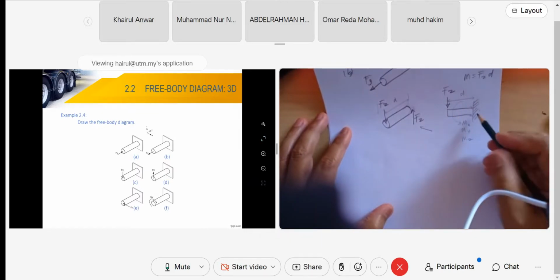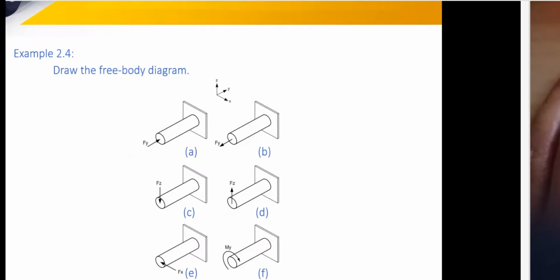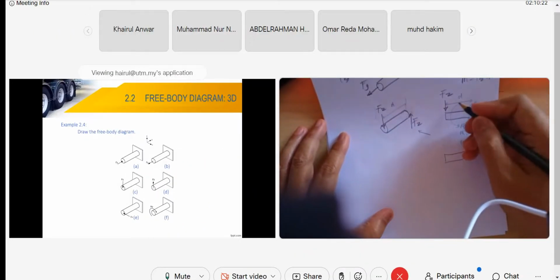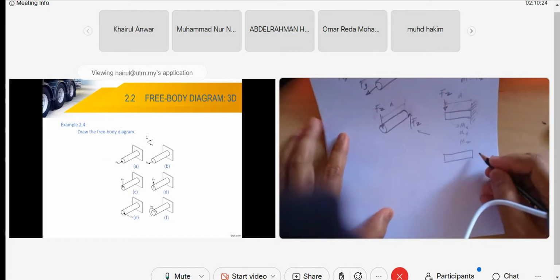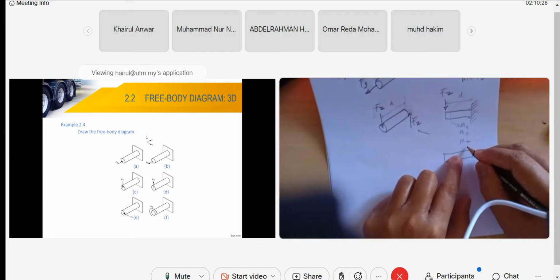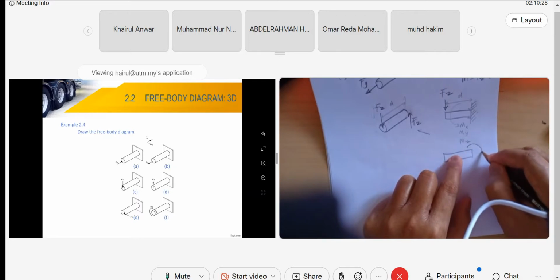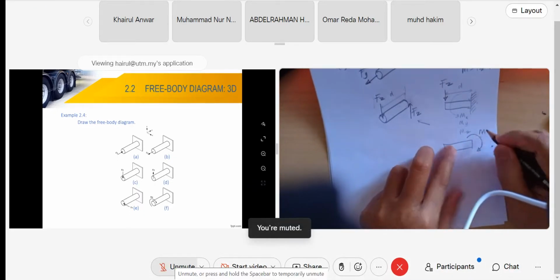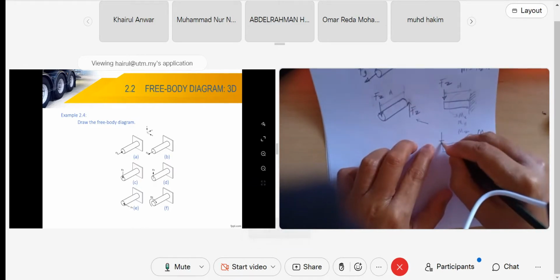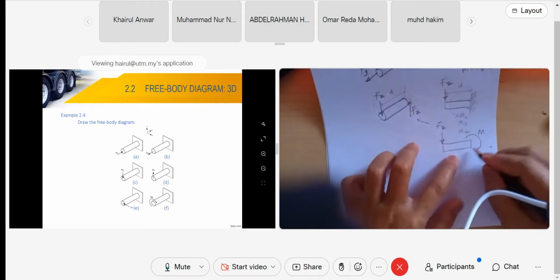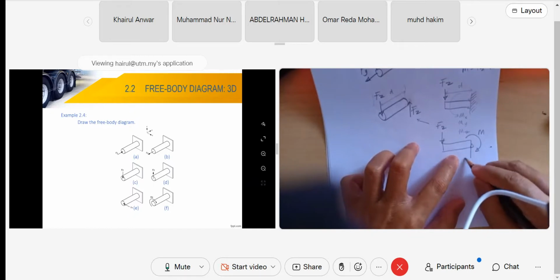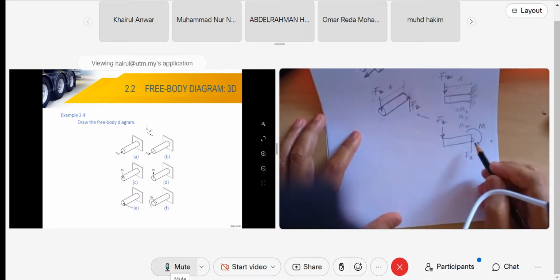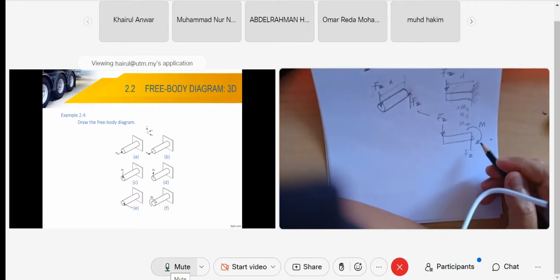But since we remove this rod from that vertical plate, since it produces moment, our moment here should have a counter react. You understand what I mean? We have Fz like this, and we have Fz that counter reacts, because summation of Z force must be zero. We have a counter react moment. Clear or not?